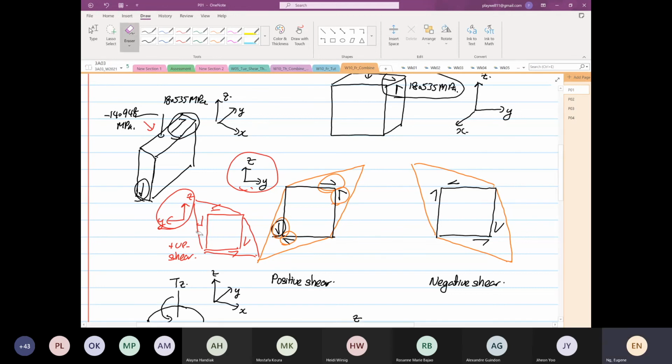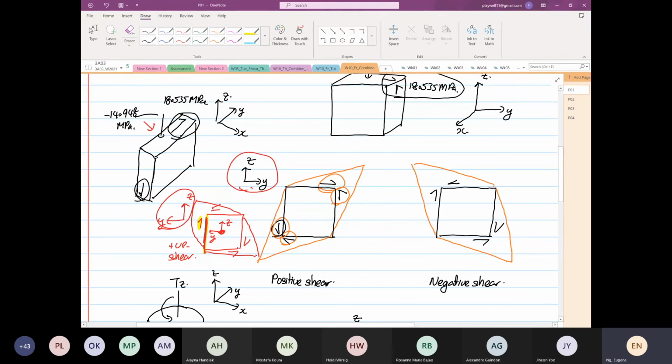I think I did not draw this well, so it will look this way. So why is this positive shear? I'll tell you why. If this is your origin, the center is always the origin, and this is your Z, and this is your Y, the surface that I'm highlighting now is positive area, and the shear stress is also positive.